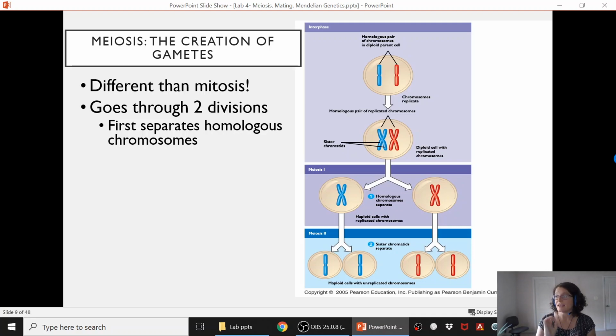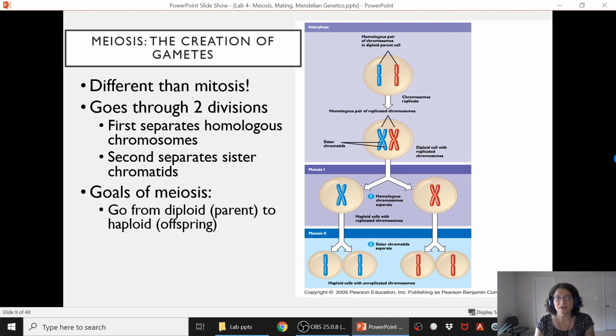The goal here is to create haploid cells, only the egg and the sperm. The second division separates the sister chromatids. So you get 4 from each because there's a total of 4 chromatids.